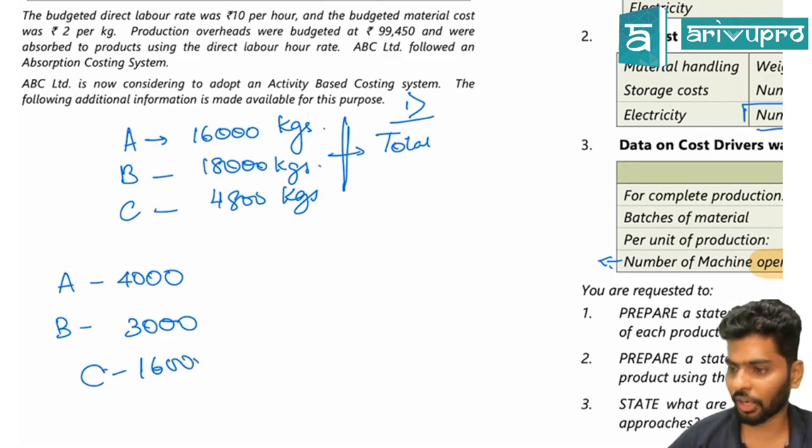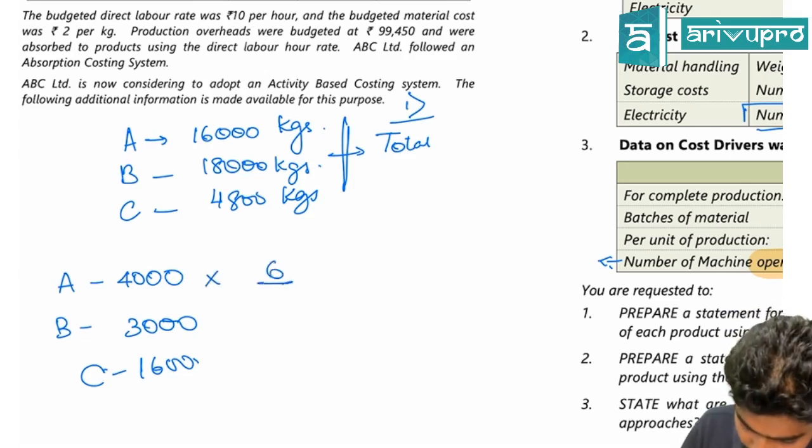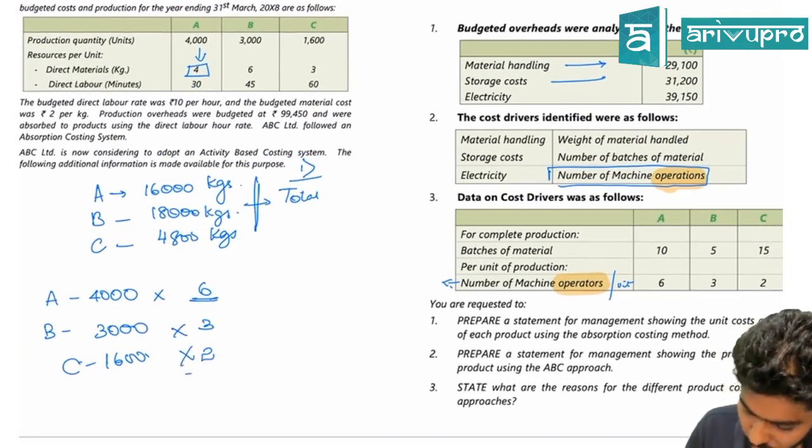Okay, now what I do, I try taking them based on the number of machine operations per unit, that is 6, 3 and 2.